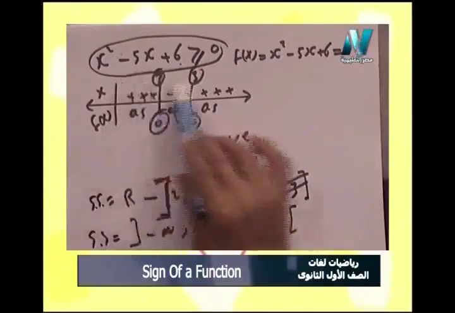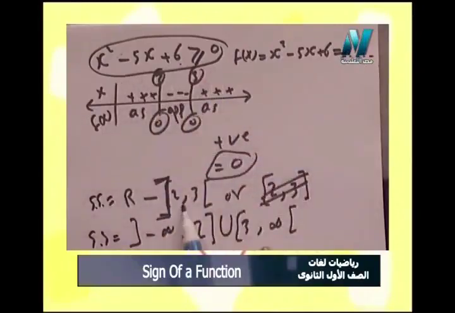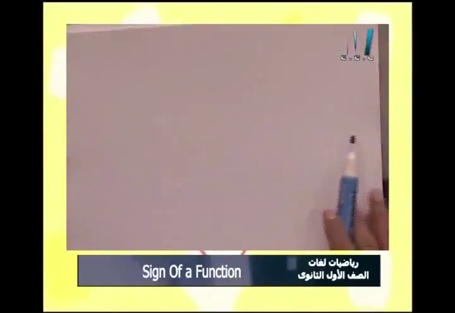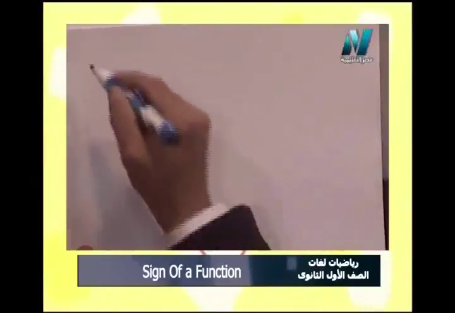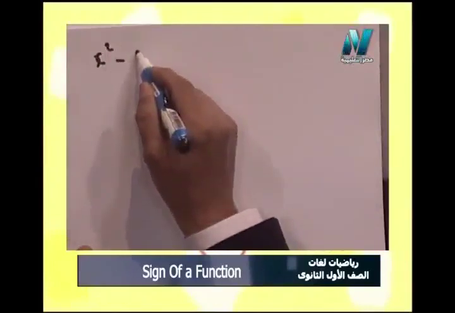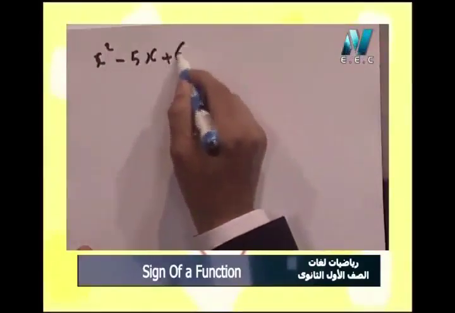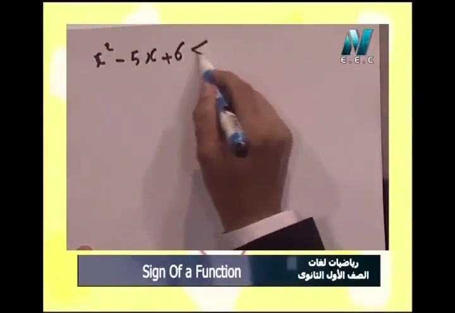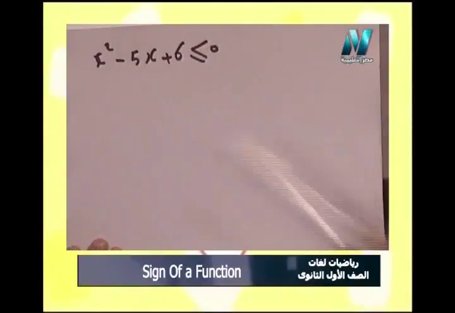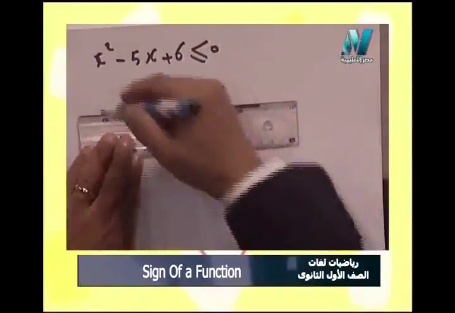So the solution set of this inequality will be this or that. So if we transfer to another question, it will be x power 2 minus 5x plus 6 smaller than or equal to 0. Now we have a part of the number line here.